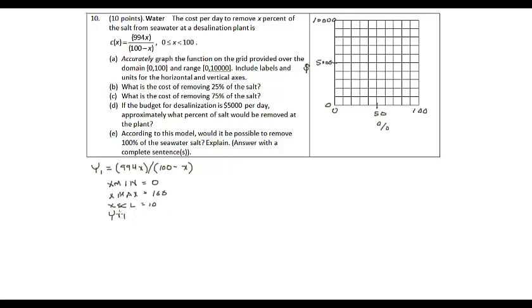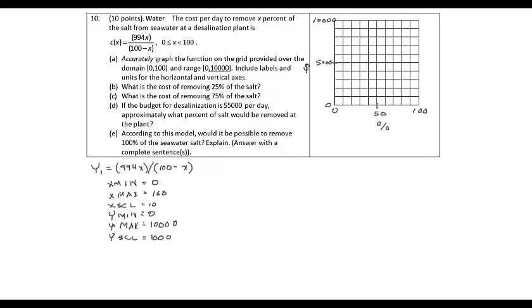Y min is 0. Y max, this is what you'd put on your calculator to see what this looks like, would be 10,000. And then Y scale, there are 10 divisions, so 1,000. Each of these marks represents 1,000.